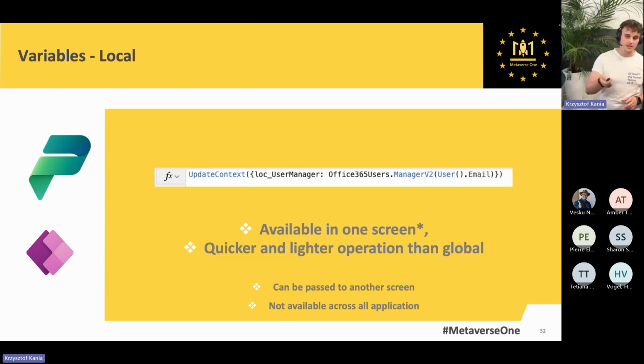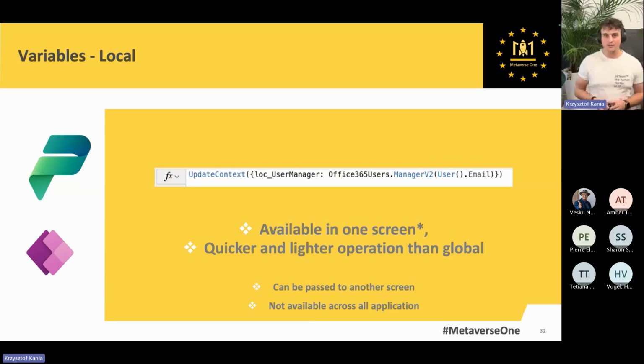Okay, so this is the same variable, the same value, but created as a local variable. So you create it via UpdateContext function. As you can see, it's totally different. Okay, so it is much lighter from the perspective of performance because it doesn't have to be stored always for a long period of time.